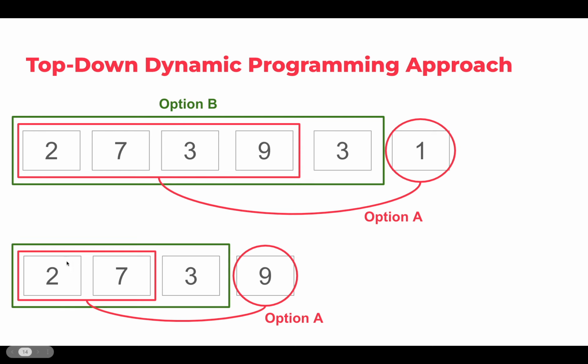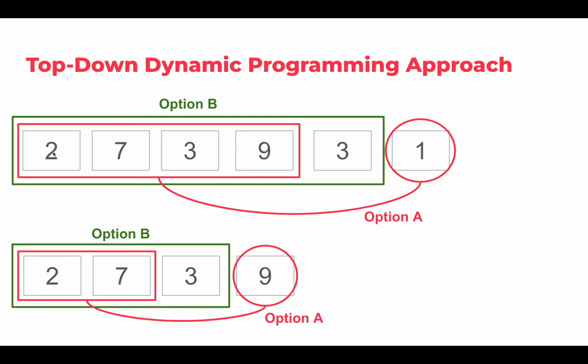I have to compare that with option B, which is what I can steal up to the previous house if I didn't include the final house. I'm also trying to maximize these options. The moment you visualize this, you realize this loop can continue with a recursive function until you only have an array of one or two houses, which is what we handle with the if cases here. This is how you should think about this particular solution.